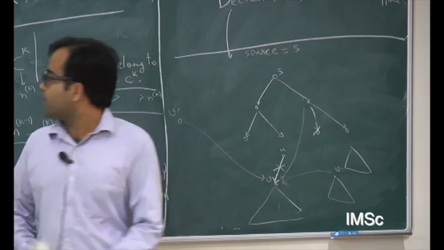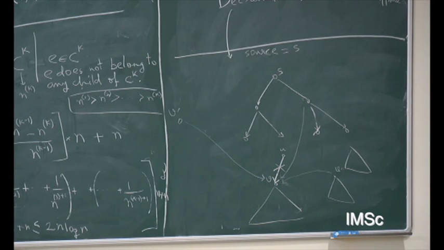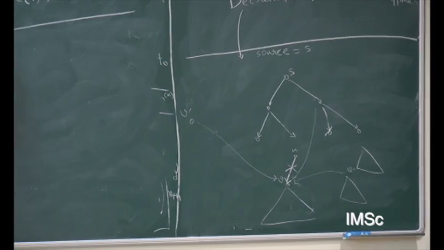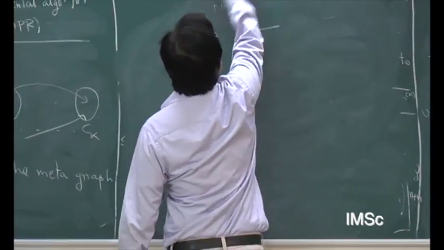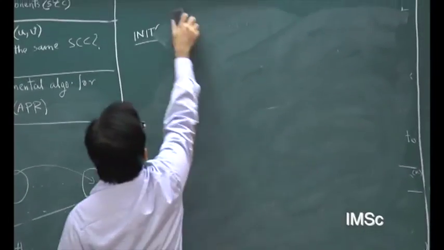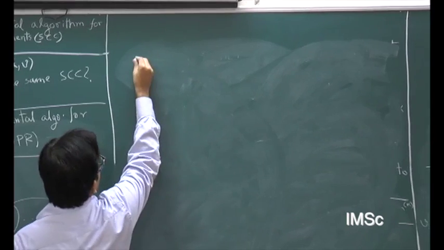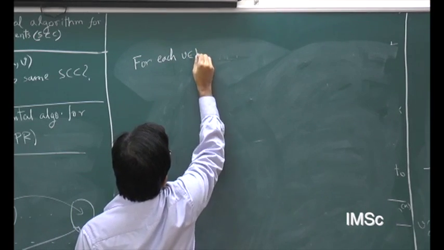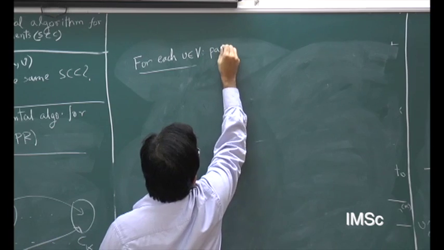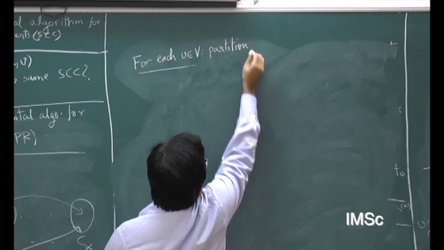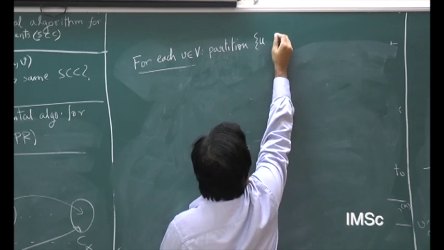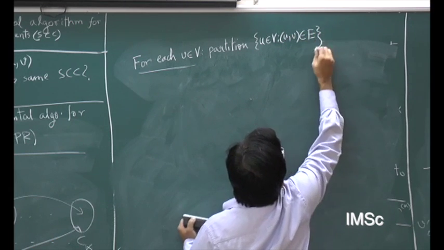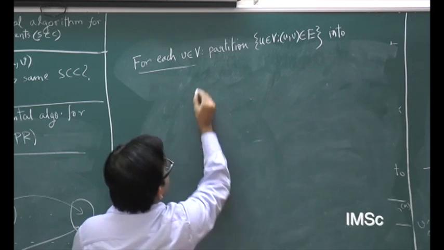Okay. Now, here is the idea. For each node V, just partition the incoming edges into 3 parts.